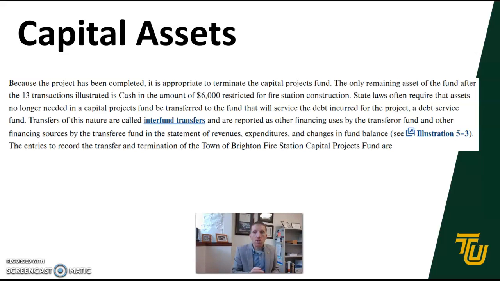So what we're going to do is transfer that out, as the book describes, to the debt service fund. We're moving it from the capital projects fund into the fund that's ultimately going to be servicing the debt of this bond. That's just the shutting down of that capital projects fund.